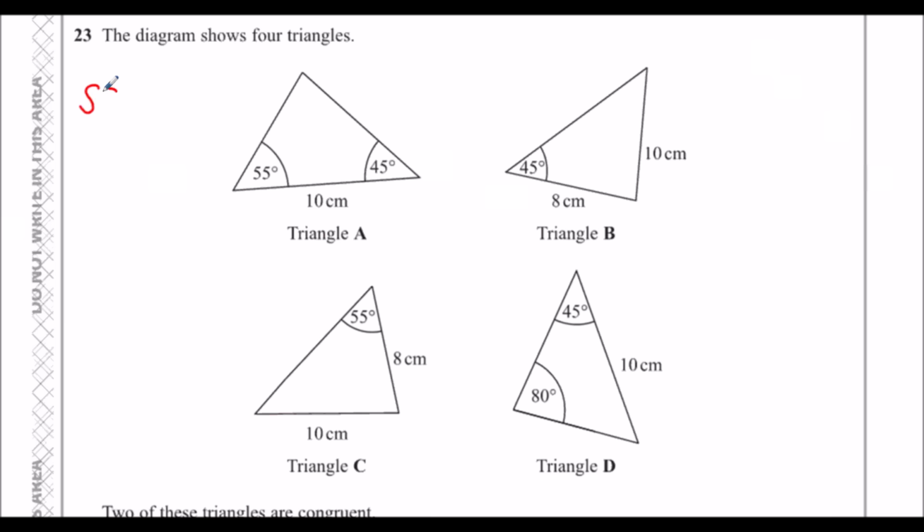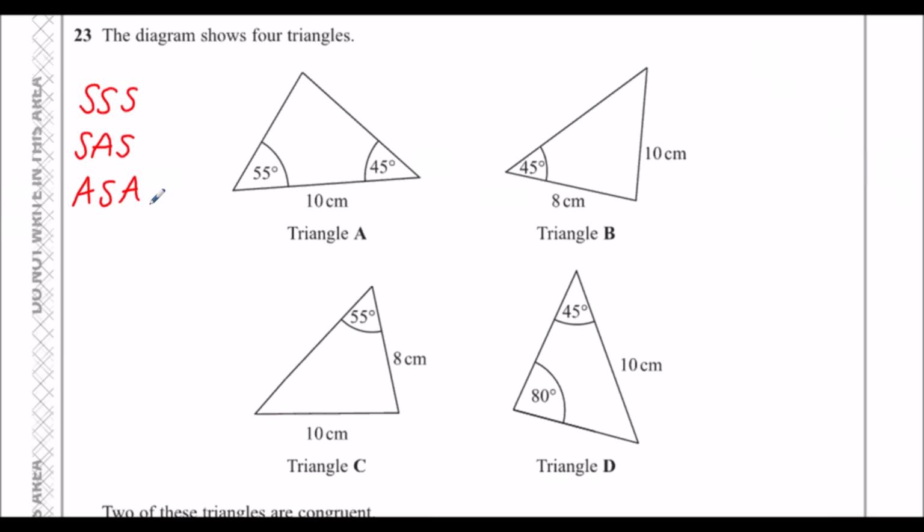Either they need to have all 3 sides the same, and we don't know the lengths of all 3 sides of any of these. We can have a side, angle, side, so 2 sides with an angle in between them. And again, we don't know that for any of these. Or angle, side, angle, 2 angles with a side in between them that are the same.